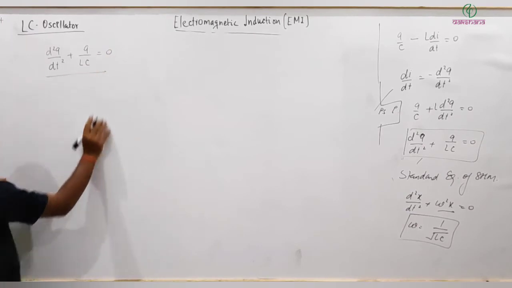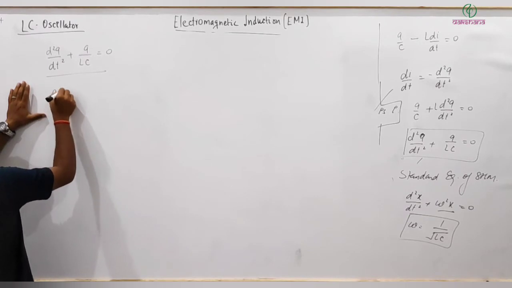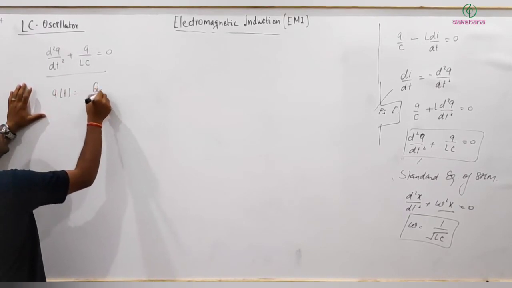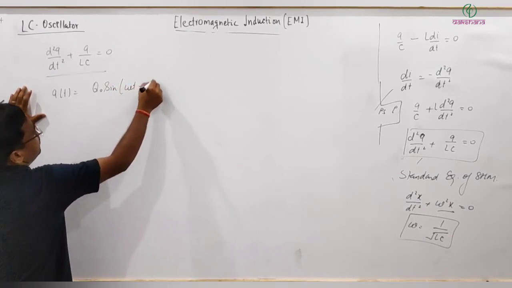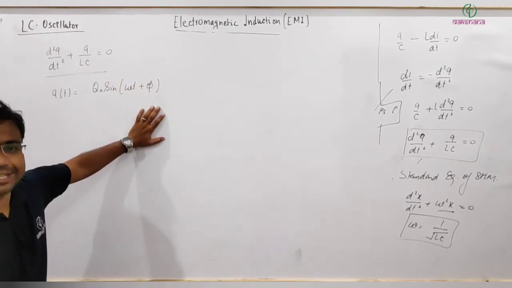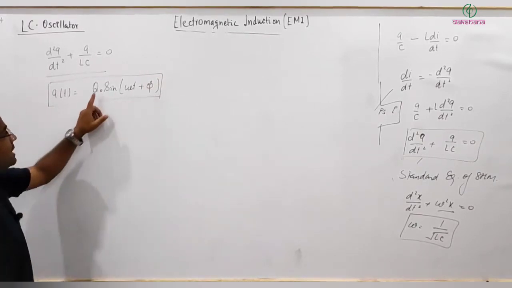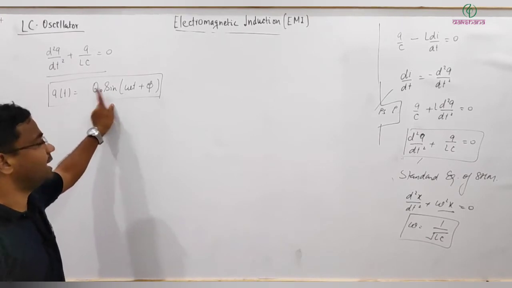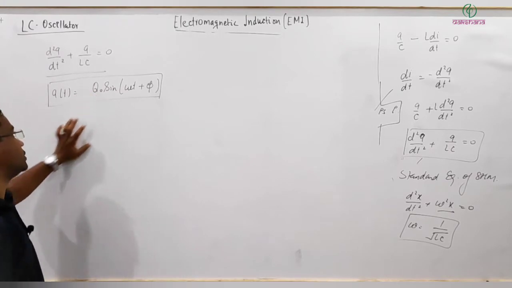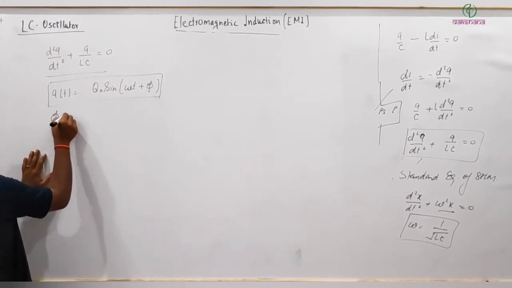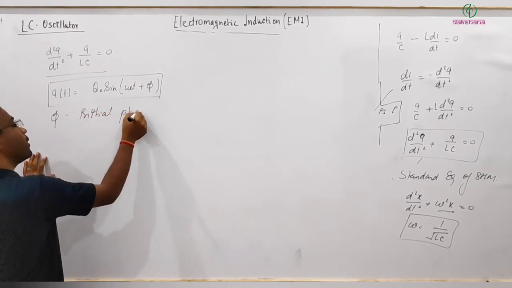And if I write the general solution of this, then q comes out to be a function of t: q0 sine of omega t plus phi, where phi is the initial phase. So we got charge as a function of time, where the maximum charge is q0.